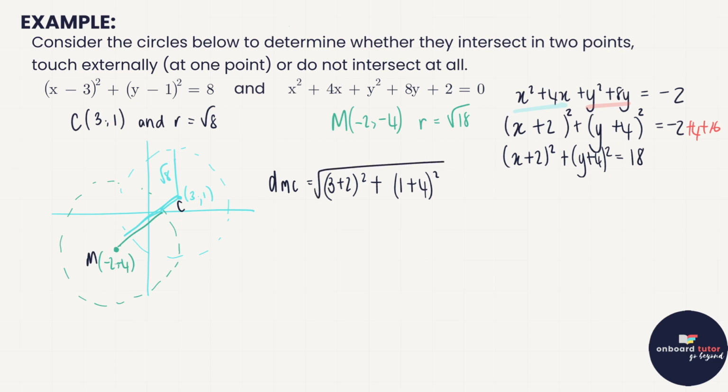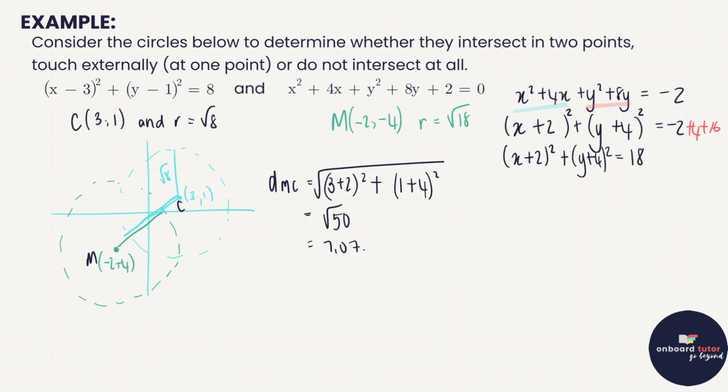There we go. Okay, so the distance now is going to be 3 plus 2 squared plus 1 plus 4 squared. So we end up there with the root of 50. Okay, and let's get that into decimal form. So the root of 50 will give us 7.07. Okay, so that's the distance between the two centers.